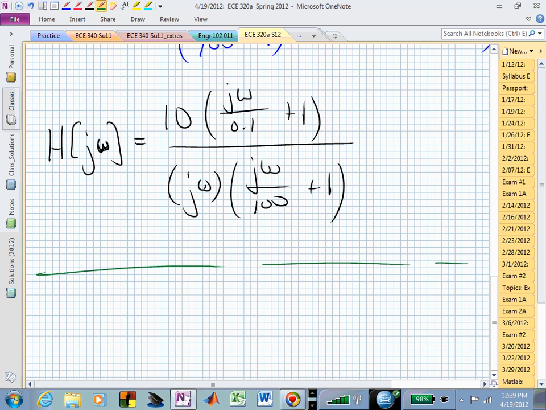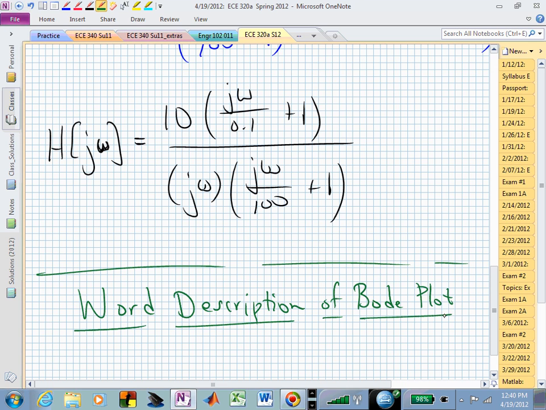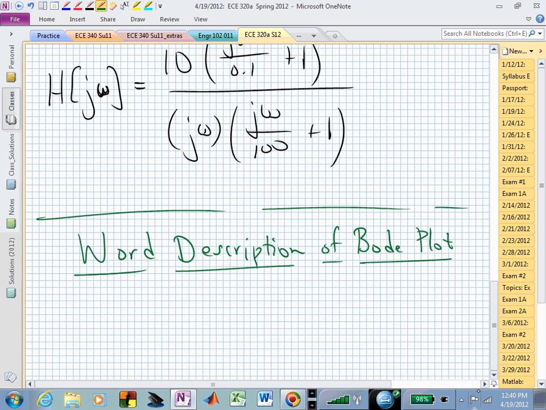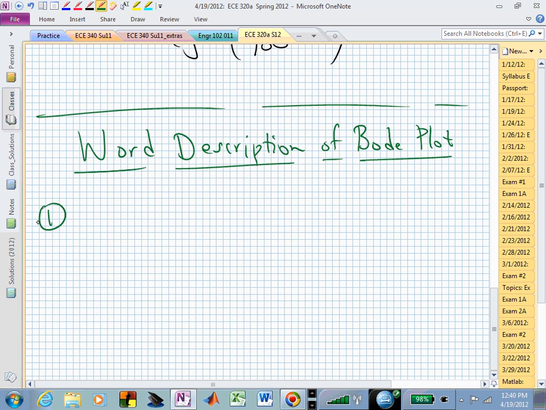Here's then a word description of the Bode plot for this particular transfer function. I'm going to look at the 4 different pieces independently.